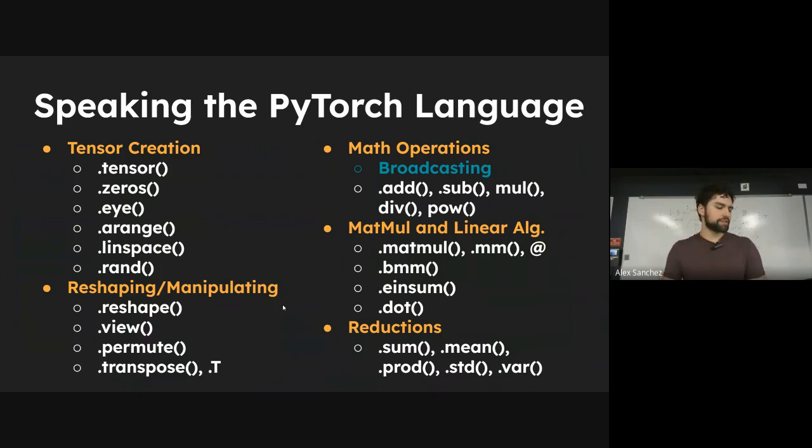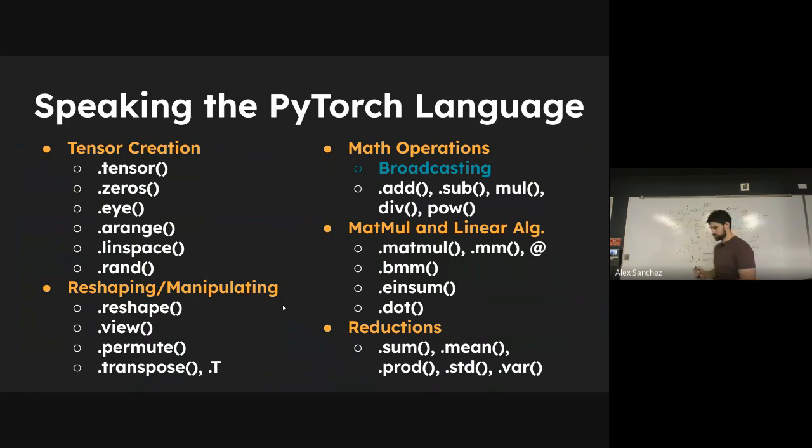Reshaping and manipulating. If you remember, always going back to when we did our CNN lecture, when we implemented CLIP, we reshaped when we did it with the MNIST data set. We're given a NumPy array, I believe of 60,000 by 28 by 28, and we reshaped it so that we can add our color channel and have a resulting tensor of batch 60,000, one color channel, 28 by 28.